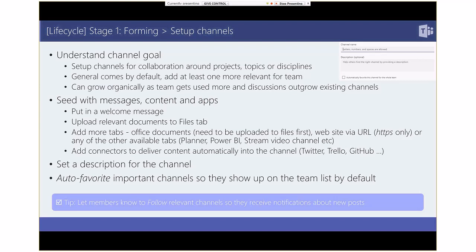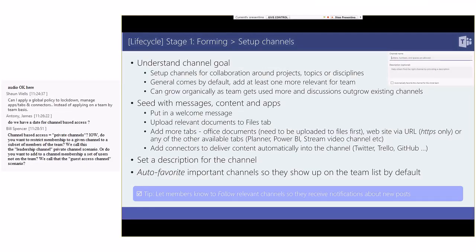You can do this for up to 10 channels. You can configure this not just during team creation, you can configure it in the team settings page as well. So you can set up to 10 channels to be automatically favorited so that they show up on the team list for all users.